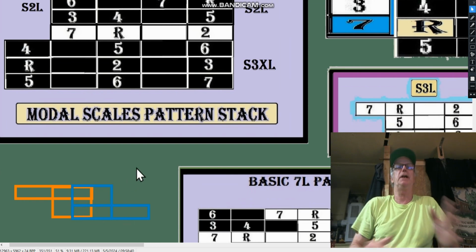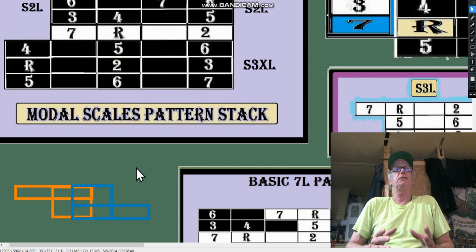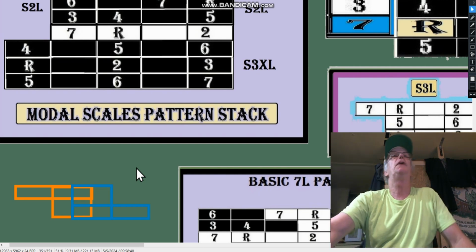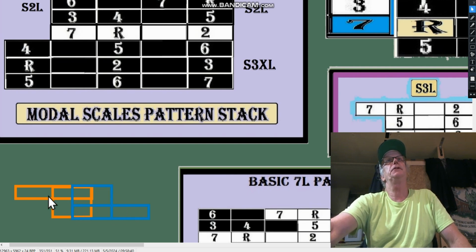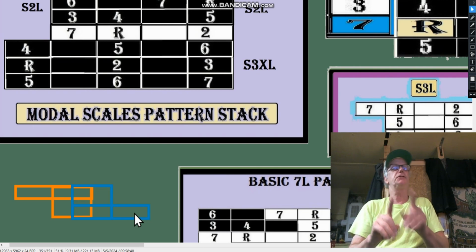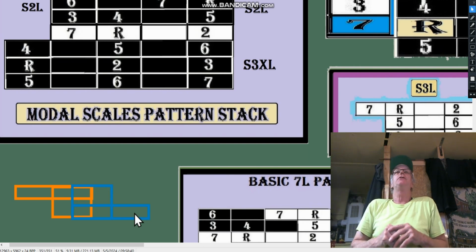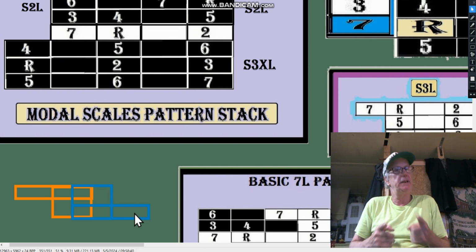That is the 7L. That's how fun it is making shapes out of these building blocks. But you'll find that these two shapes, this was an important pattern, but it isn't strictly a pattern, because a pattern is something that you can play without repeating notes.